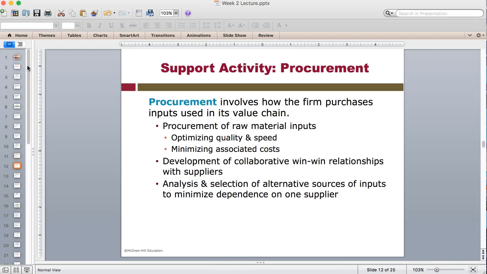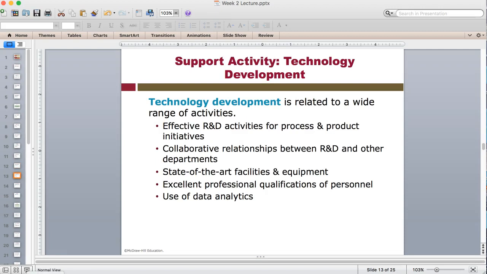Support activities involve things like procurement, getting the raw material inputs, developing relationships with suppliers, all of those types of activities. Are we good at negotiating pricing? Are we good at negotiating and getting good delivery deals and things like that? Those are things that fall into procurement activities.